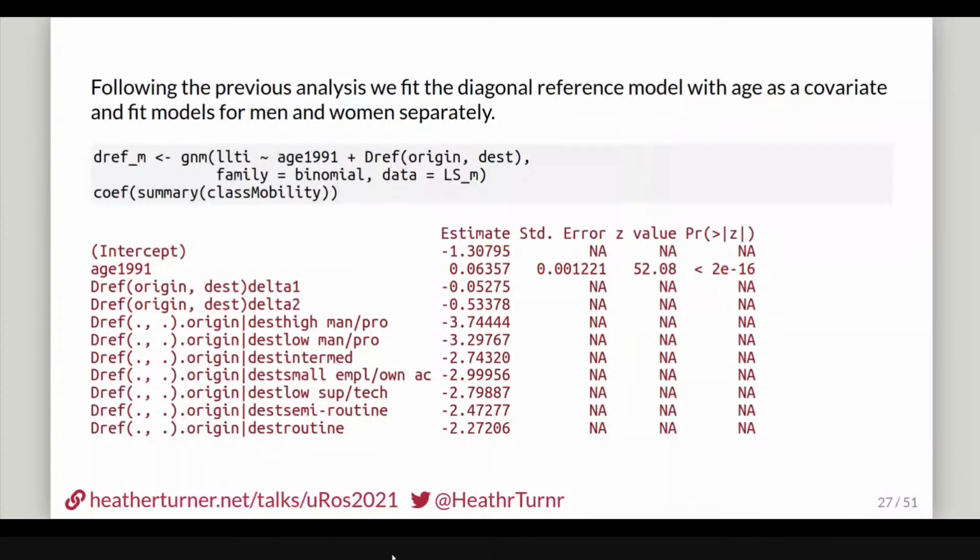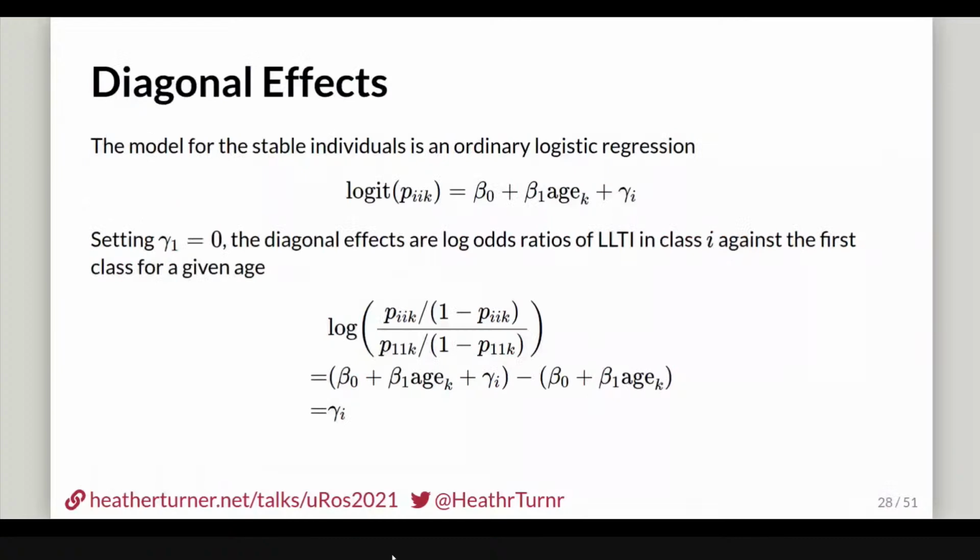So let's think first about the diagonal effects. If a person is in the same origin and destination class, then the model for those individuals is just an ordinary logistic regression, where we have an intercept plus beta 1 times the age, and the diagonal effect for the class that they're in.